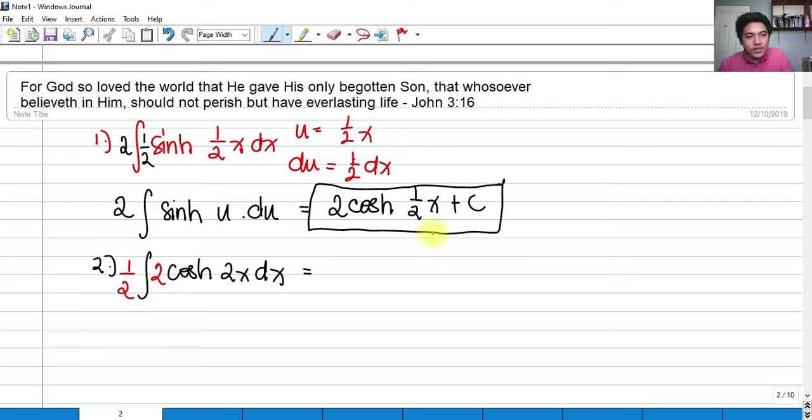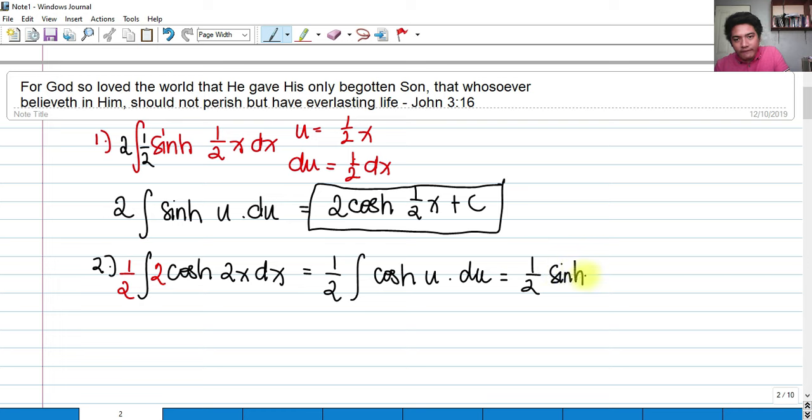So our answer here, if we rewrite this by performing u substitution, is 1/2 the integral of the hyperbolic cosine of u du. The integral of hyperbolic cosine is hyperbolic sine, so we have 1/2 hyperbolic sine of 2x plus c. Okay, so that's very simple.